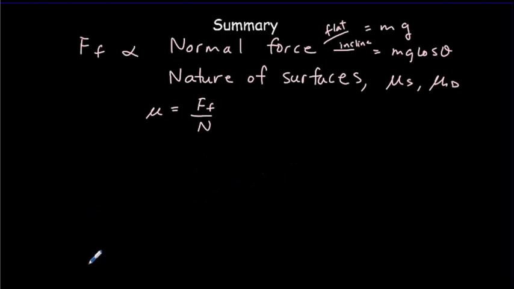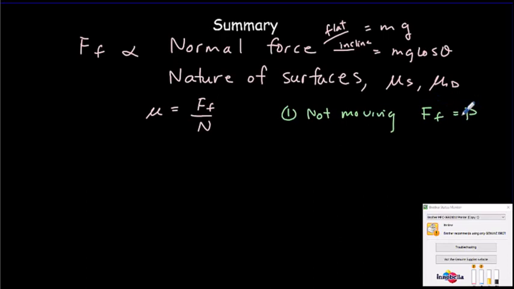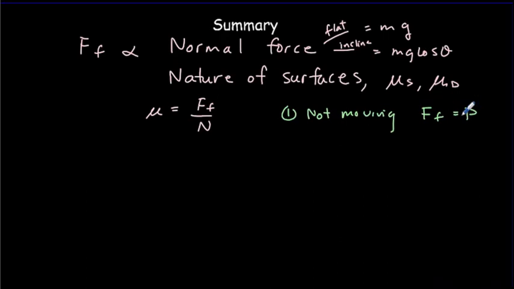And then when we got into the process of actually calculating these forces of friction, we had to distinguish between three unique situations. One would be if the object is not moving, in which case the force of friction will just equal whatever force you're pushing the object with, because those two forces must balance out because it's not moving.